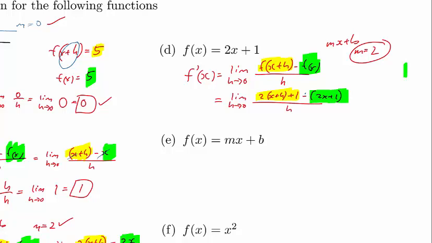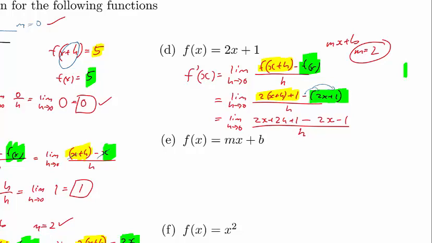Let's go ahead and distribute this 2. And so we're going to end up with the limit as h approaches 0 of 2x plus 2h plus 1 minus, now I'm going to distribute this negative sign to each, so I've got minus 2x minus 1, all divided by h. Again, all I did was take this negative and distribute it to both terms.